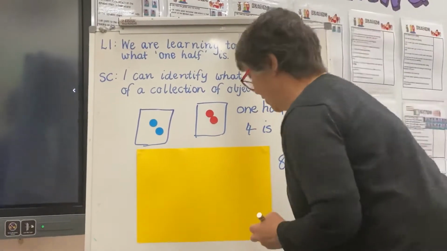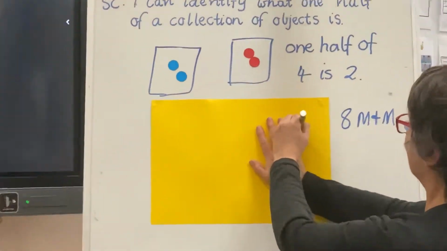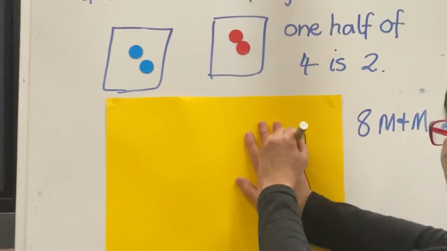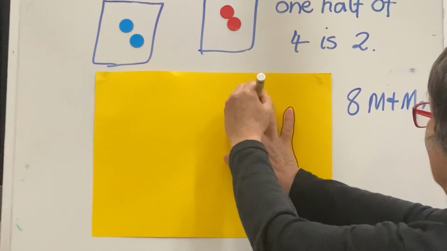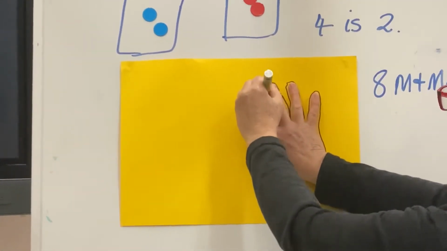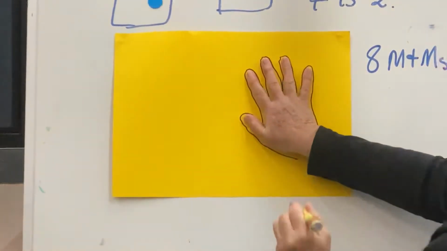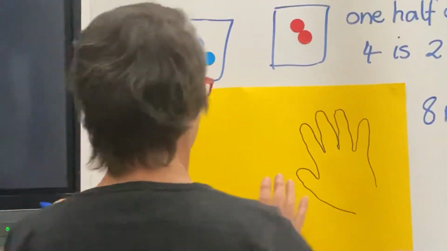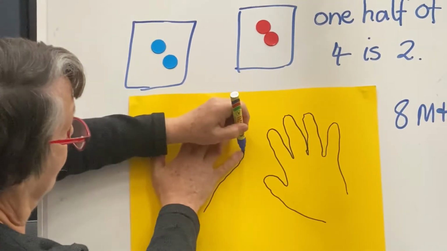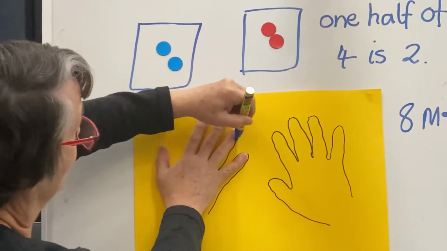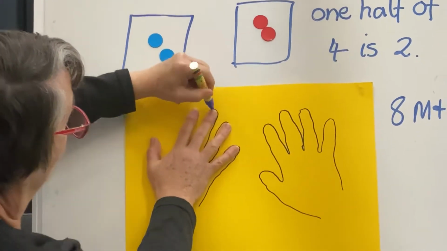What you do is you put your hand on your piece of paper and you trace around your hand. One hand is going to be your hand, and one hand is going to be your friend's hand, because you are sharing those 8 M&Ms between yourself and your friend.